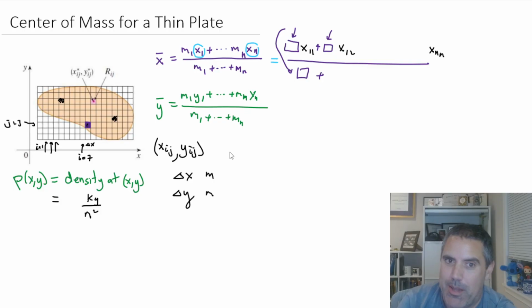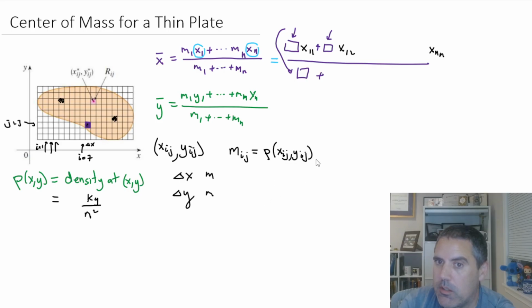So ultimately the mass at a given row and a given column, I know there's a lot of notation there, is the density at that x value, whatever it is, times the area on the ground, or dx dy, or dy dx, that thing. That's what we're going to put in all of these spots, the corresponding value.